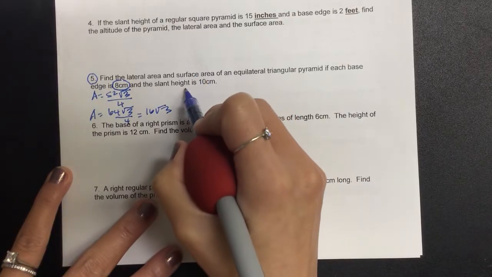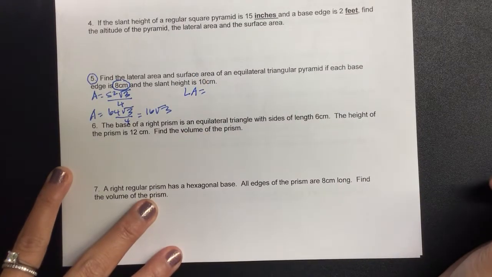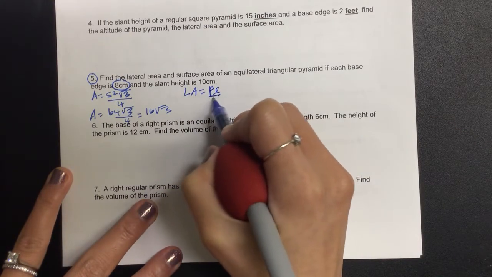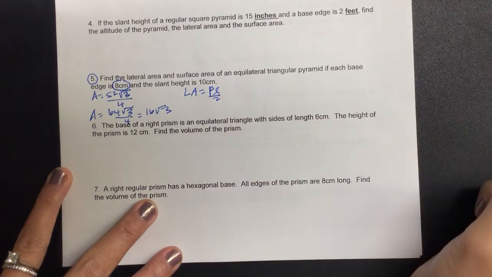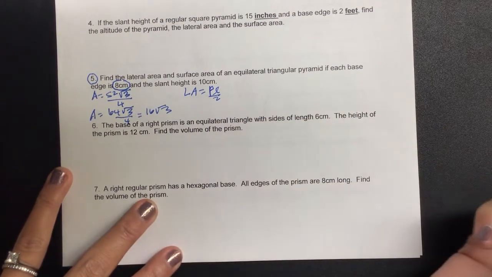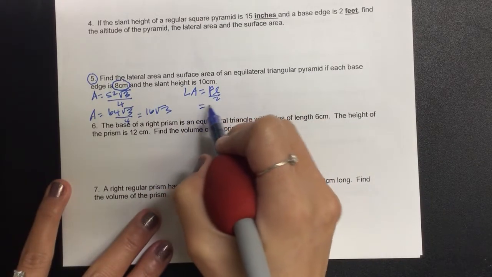So now look at your formula chart. What does the lateral area of a pyramid say? Starts with P? P L over 2. So we know the perimeter of the base is 8, 8, and 8. So how many would that give us? 24?